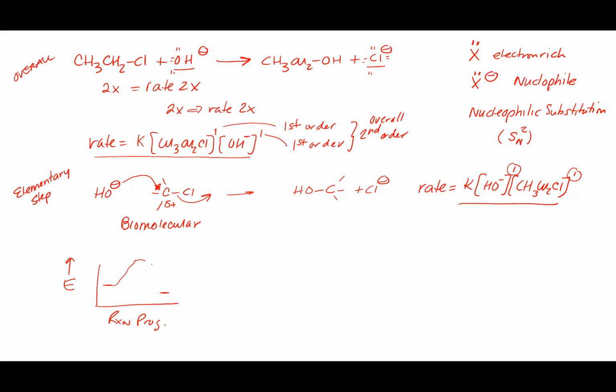You can only have one transition state going on to the final products. So there's its energy diagram. Goes through one transition state to the final products.